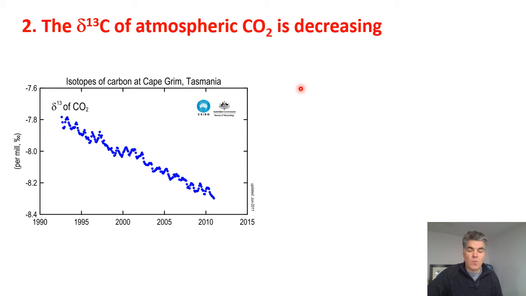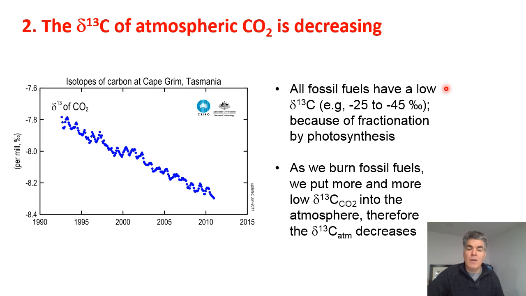So we can then ask, why is that so? Well, we know that all fossil fuels have a relatively low delta C13 signature, somewhere between about minus 25 and minus 45 per mil. Okay, and this is due to fractionation by photosynthesis. So just like for oxygen isotopes, certain processes will fractionate carbon isotopes.